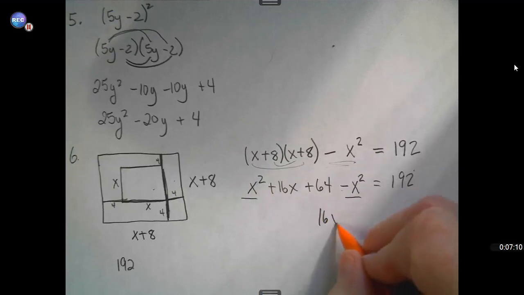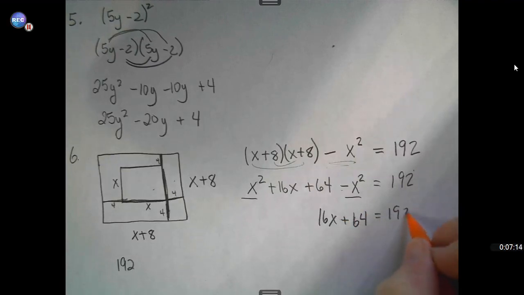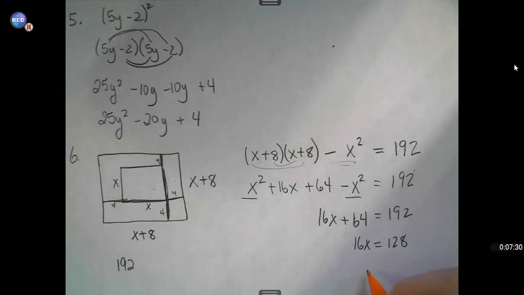I get 16x plus 64 equals 192. Subtract 64 from both sides. And I get 16x equals 128. Divide that by 16. And x is 8.